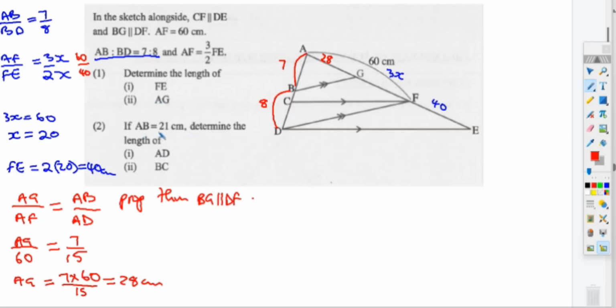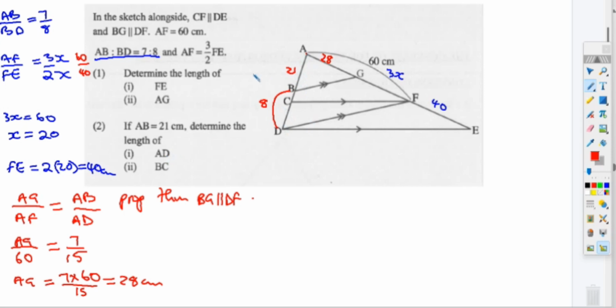If AB is 21 centimeters, I want to put that in the diagram there. So we are saying if AB is 21 centimeters there, determine AD.